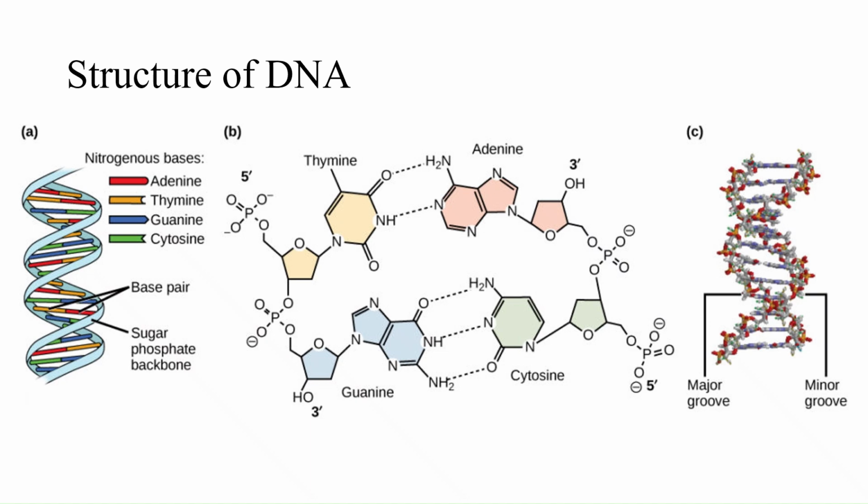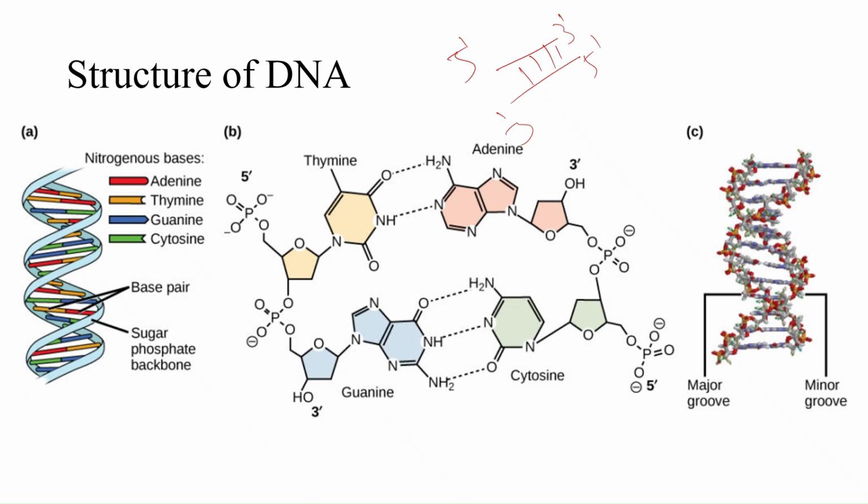Now let's take a closer look at the structure of DNA. The DNA molecule is a double helix structure where two strands of nucleotides run in opposite directions. If you check the DNA, it runs 5 prime to 3 prime and 3 prime to 5 prime in this direction, and the bonds are formed like this.